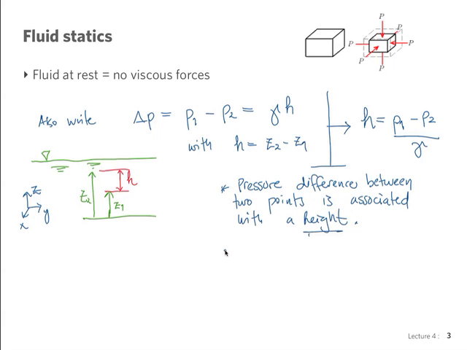And this is quite useful, and it's going to be used in the measurement of pressure. Often we use the height of a column of liquid. You will see that also in your laboratories quite a lot for this class. So we use a term in engineering which is called the pressure head.